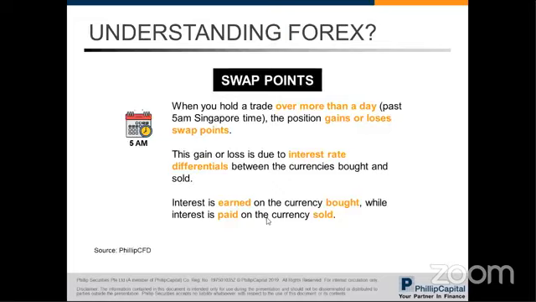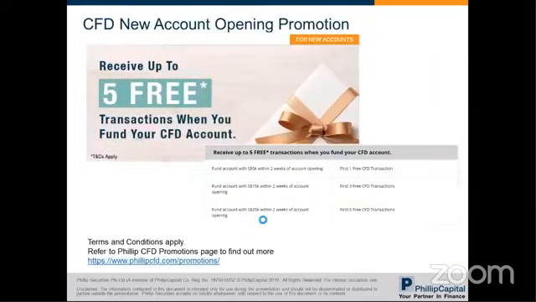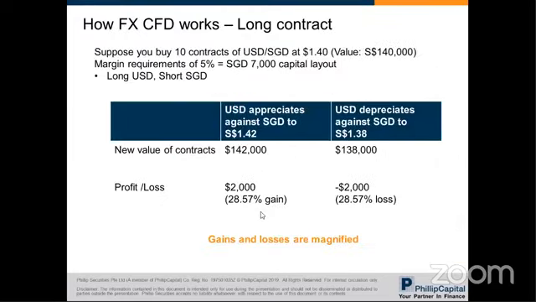If we go to this example of USD/HKD, if you are taking a long position for USD, you'll be earning interest on the USD side, and you're paying interest for HKD. So for your question, by taking this long USD short HKD, you're earning interest on USD and losing interest on HKD.